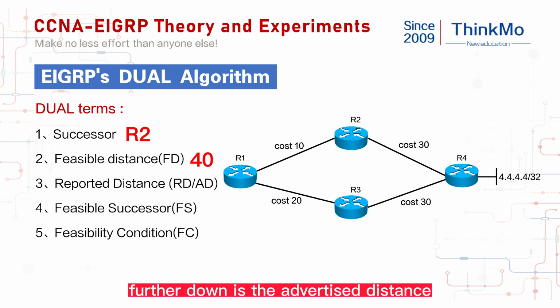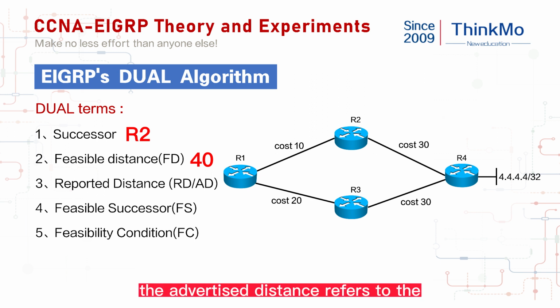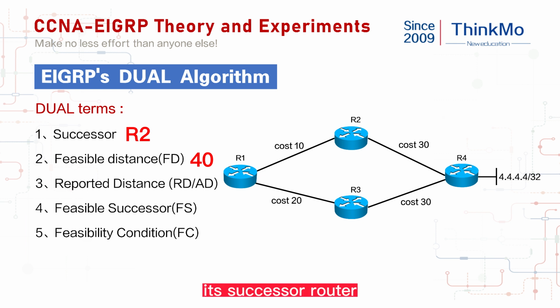Further down is the advertised distance. Advertised distance has two abbreviations, one is RD and one is AD, but we basically call it AD. It's just a title. Don't need to bother with it. Still, for the device R1, the advertised distance refers to the feasible distance of its successor router, R2, to the destination network 4.4.4.4.